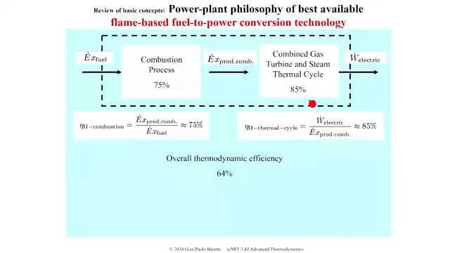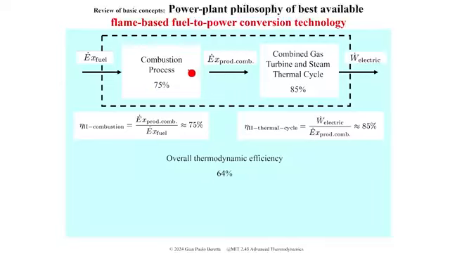The thermal cycle, for example, in a combined gas turbine and steam thermal cycle, has an efficiency of about 85%. So it means that the irreversibility in your power plant wastes only 15% of the exergy that the thermal part of your power plant receives from the hot products of combustion.